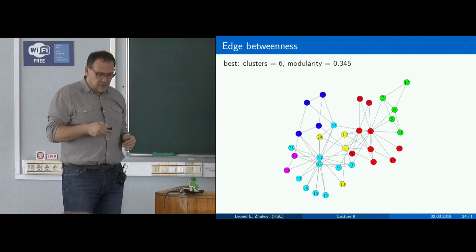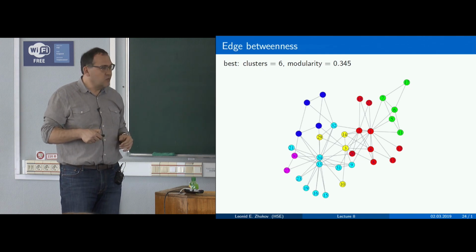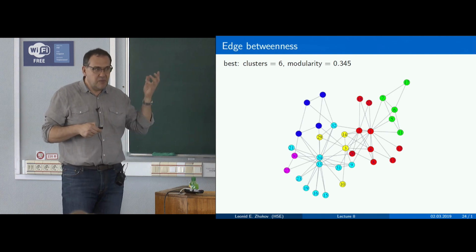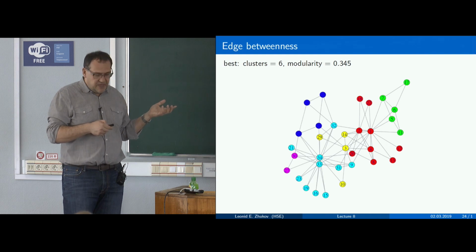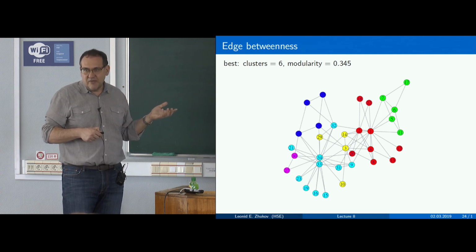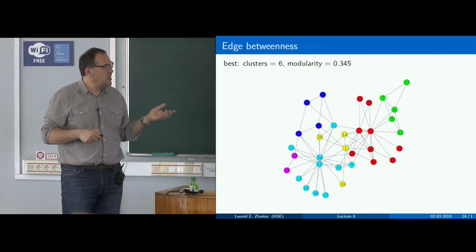If you're happy with that many clusters, you work with them, but if you're not, you go up the tree and cut out as many clusters as you need. The same way here, when people do community detection, very often they build hierarchical community trees, and depending on whether you believe there are two communities, you stay on this level, and if you want more communities, you go down, and even more and more.